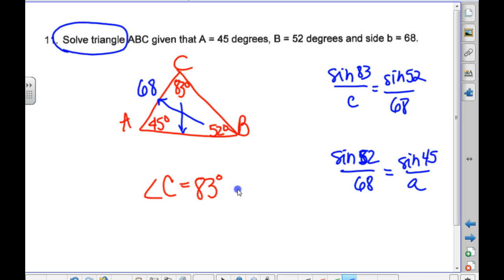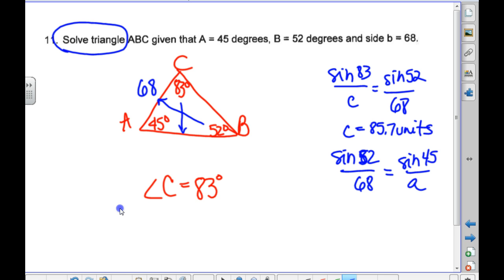And we need to be in degrees because these angles are in degrees. And then we're just going to cross multiply and divide to 68 times the sine of 83 divided by the sine of 52. And for C, I got 85.7 units roughly.